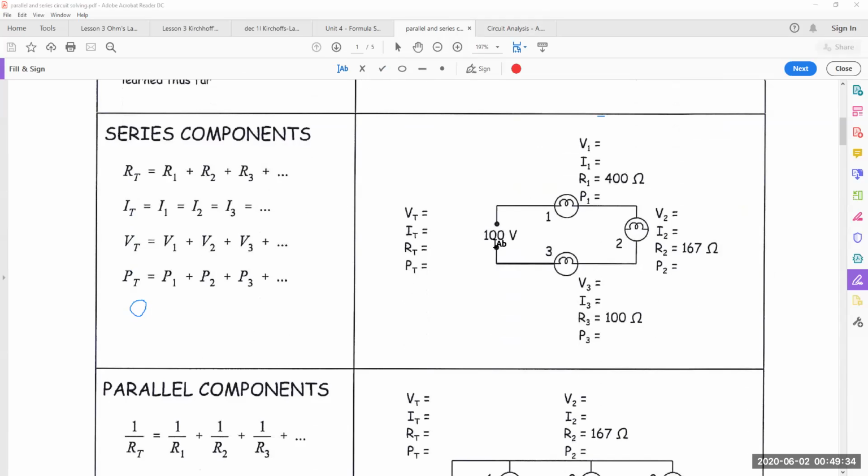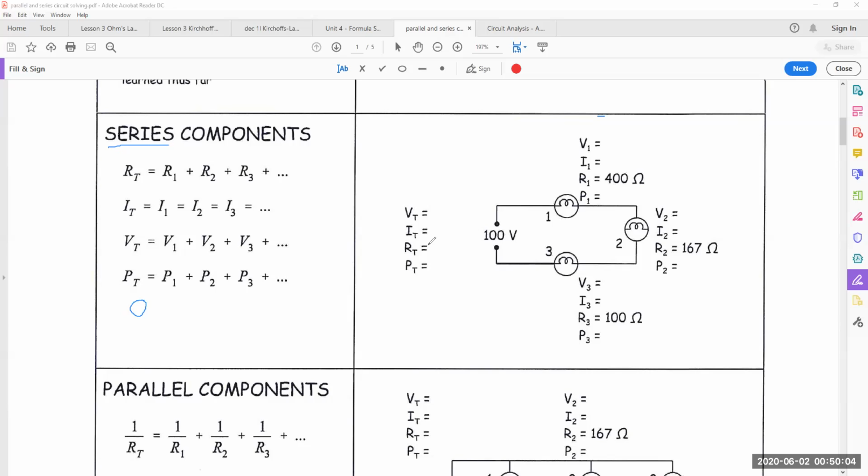The law says that in any series circuit, the total resistance of the source is equal to all these resistances added together. So R total will be equal to R1 plus R2 plus R3. So that means 100 plus 167 plus 400.